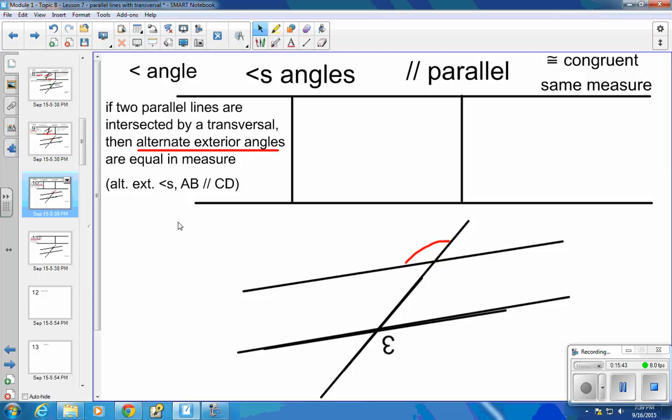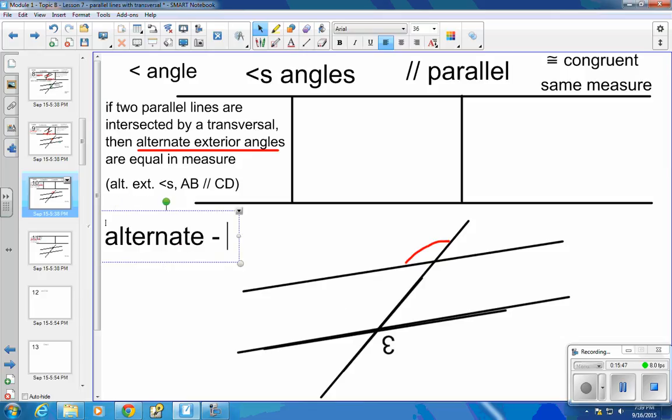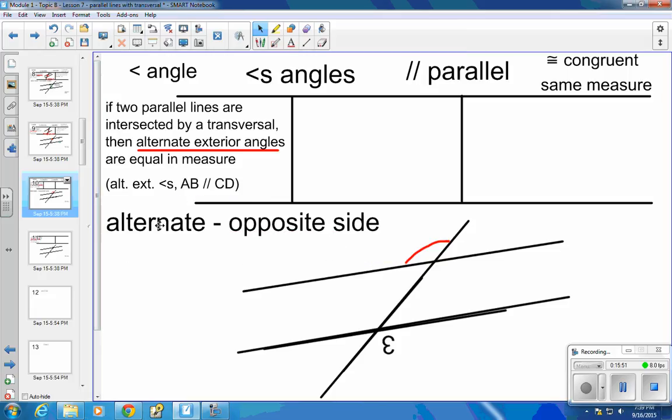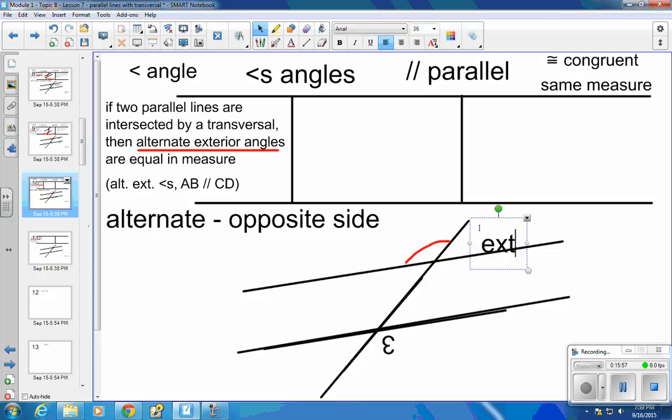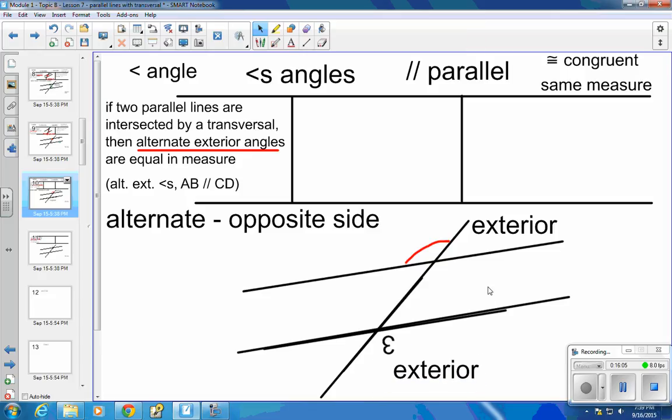So alternate again means opposite sides. So alternate, opposite side. And then exterior means the outside. So this is on the exterior up here. And this would be the exterior down here, because those are on the outside of the parallel lines. And so that has to be the same measure as that one there.